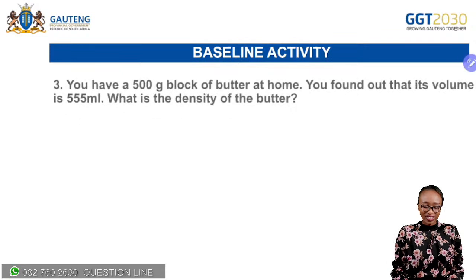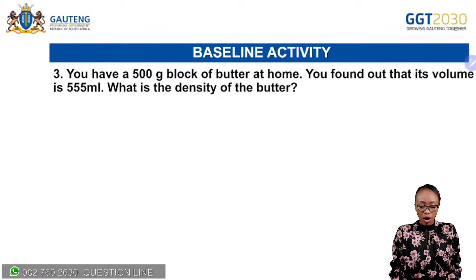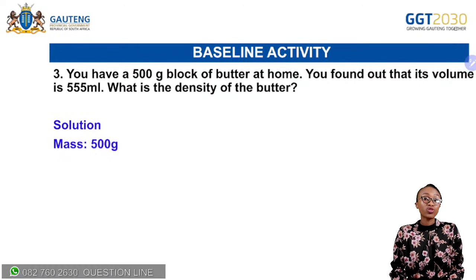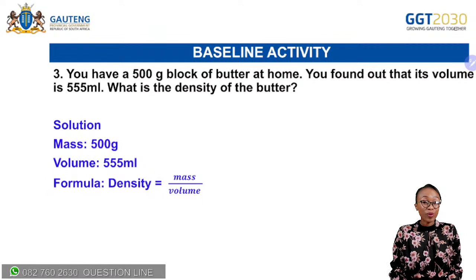And then the third question asked, if you have 500 grams of butter at home and you found that it has a volume of 555 mils, what would the density of the butter be? So here's the solution. Okay, so first we're going to write down what we know. We know that the mass is 500 grams and we know that the volume is 555 mils. Now, what is the formula for density? Do you remember from last week? So the formula for density is mass over volume.